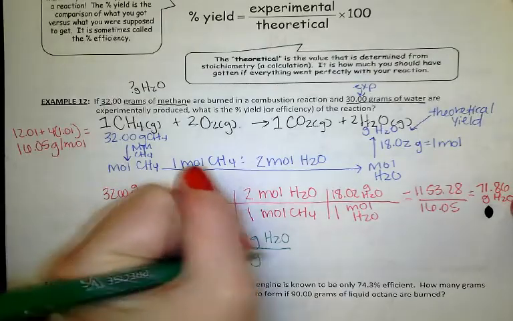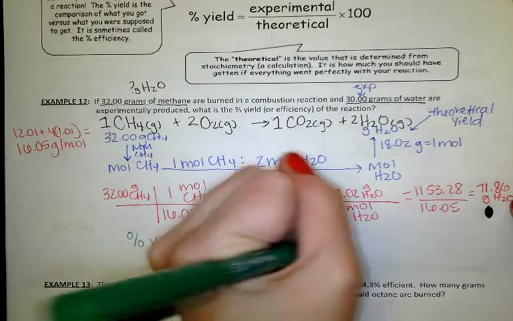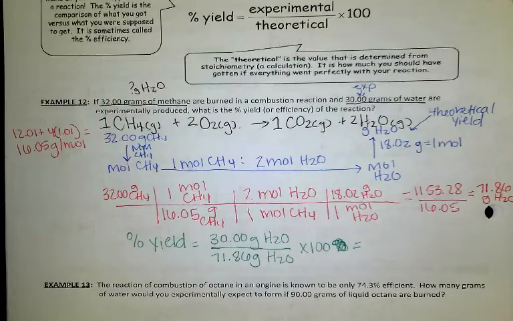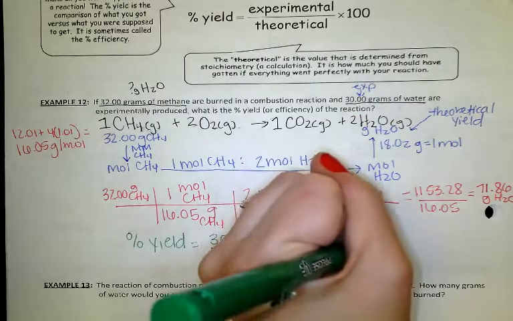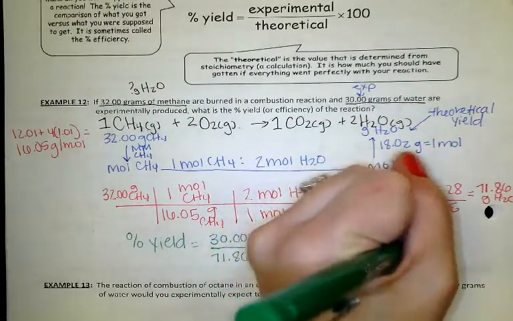So 30 divided by 71.86 times 100, that's going to give me a 41.75% yield. That is not a good percent yield. Okay, you didn't even get half of what you needed, so something went wrong there.